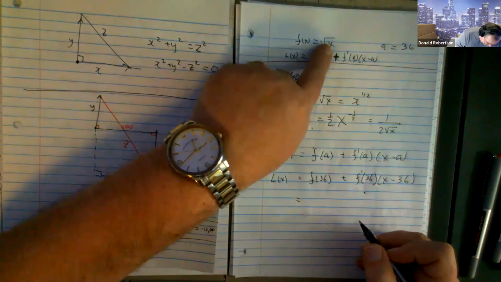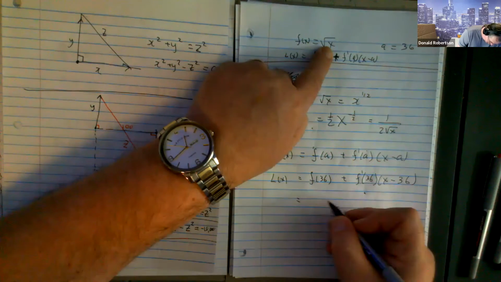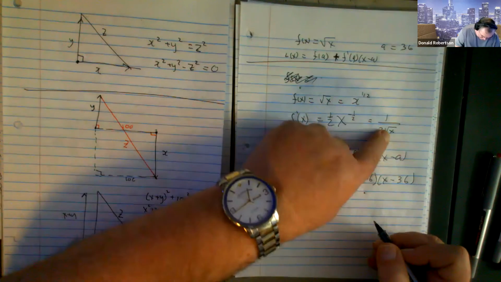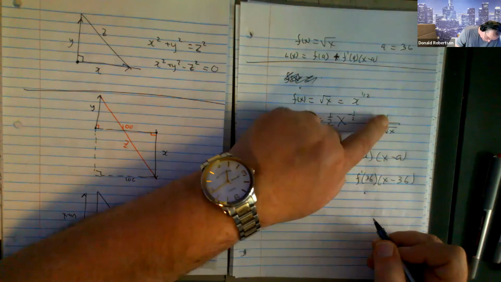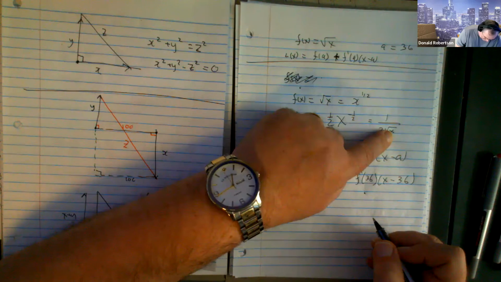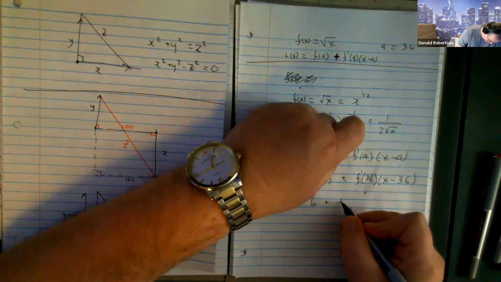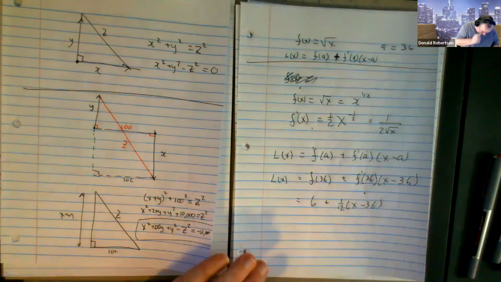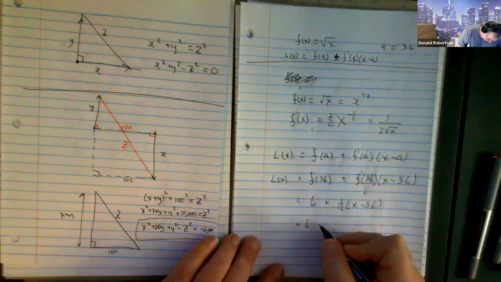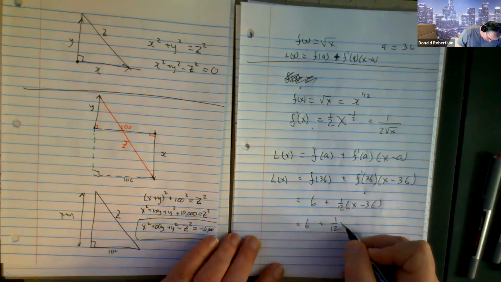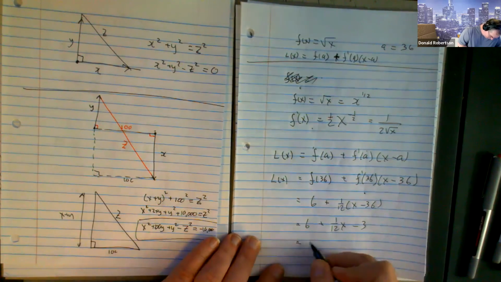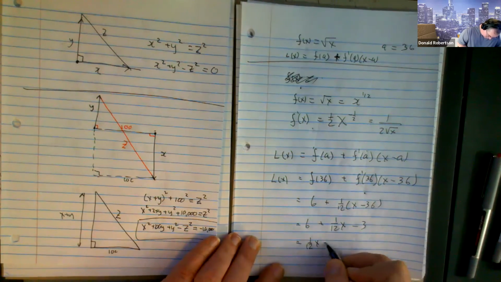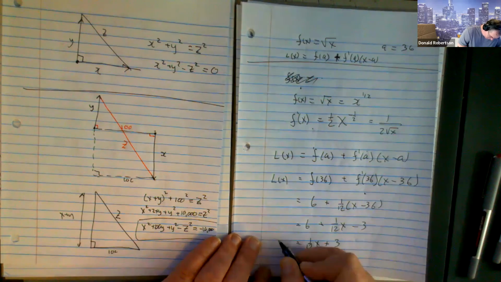The value at 36, well, the square root of 36 is 6. The derivative at 36 is 1 over 2 times the square root of 36. 2 times 6 is 12, so 1/12. You can then distribute the 1/12 and combine the numbers together.